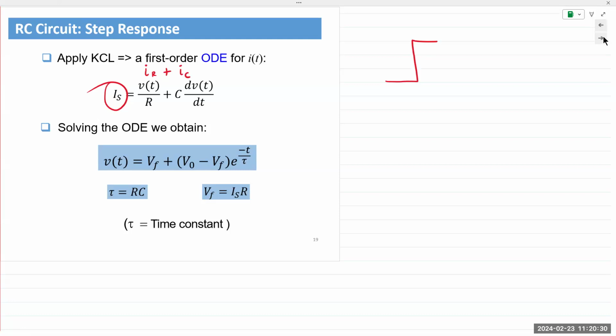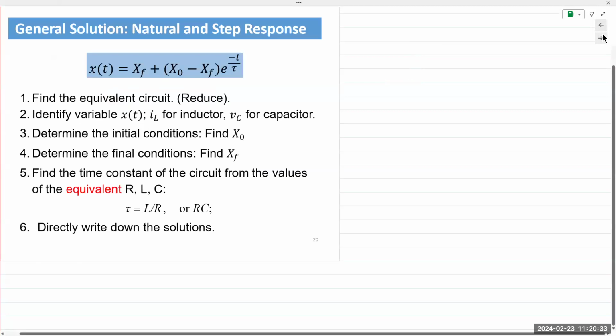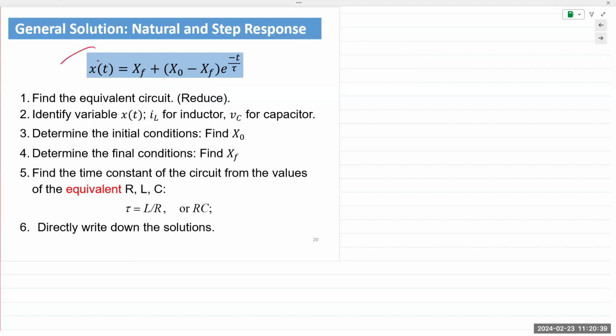Okay. So we see that they all have the same structure, right? So from there, we can write a general solution or a general expression for all 4 circuits.